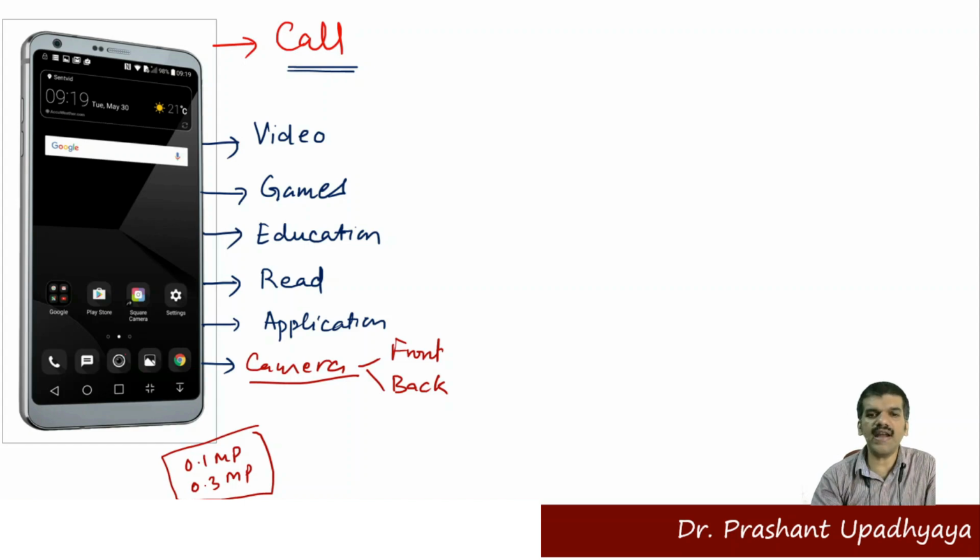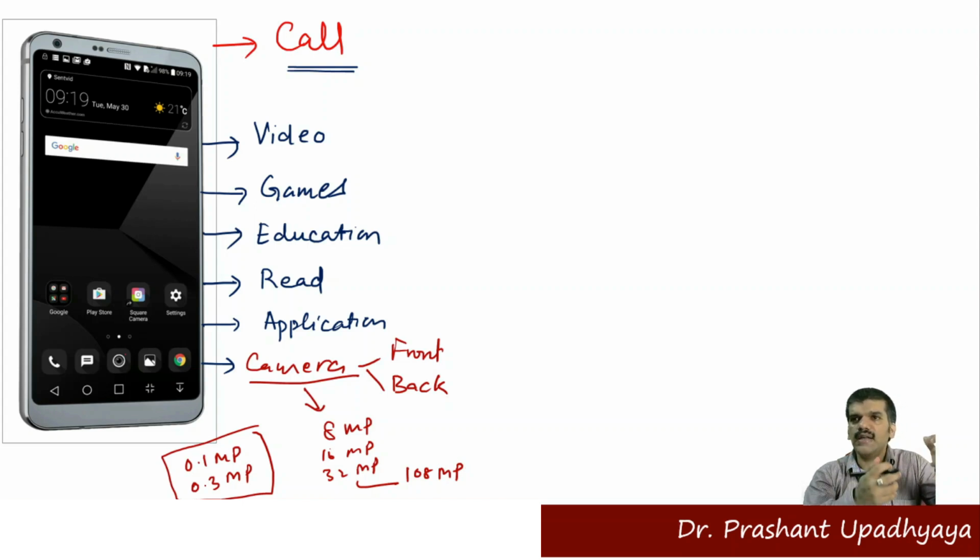Now you can find that the cameras we are using in mobile phones are 8 megapixel, 16 megapixel, 32 megapixel, and now even 108 megapixel cameras. So the DSLR cameras, which we talked about in the previous slide, you can find that their use has become obsolete.